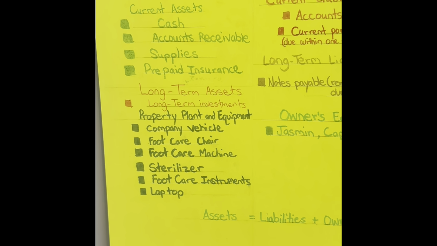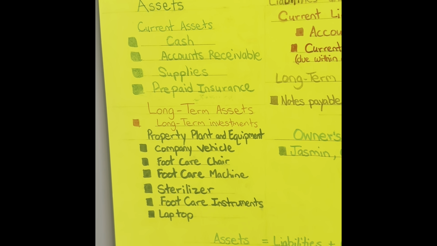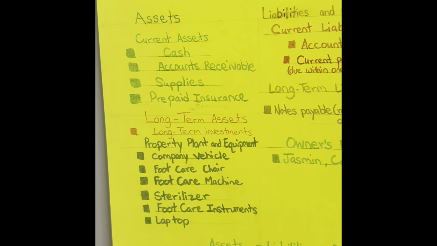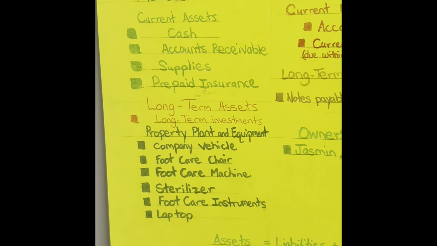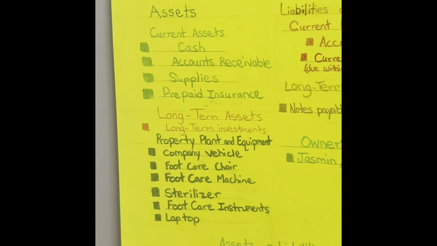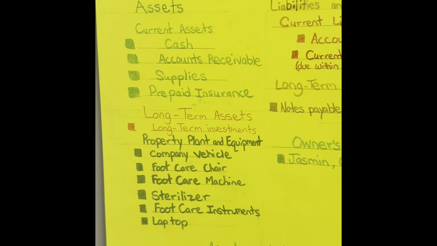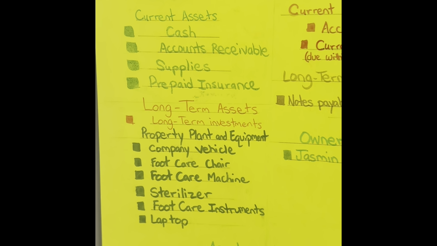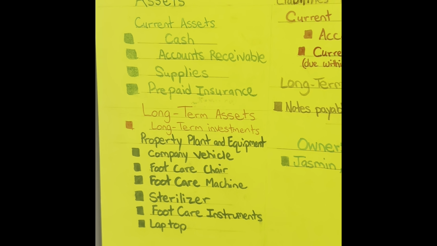And next, there is accounts receivable. Sometimes I provide foot care services before receiving payment. These are amounts that my clients still owe me, and I trust them to pay me in a timely manner, which is about 1 to 2 months.